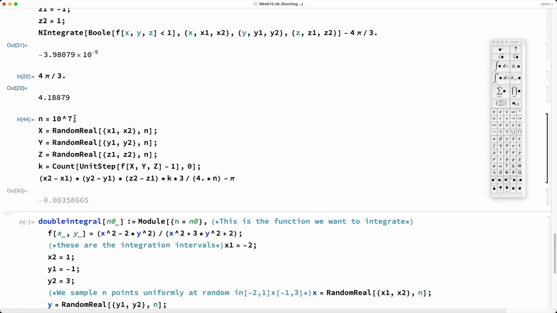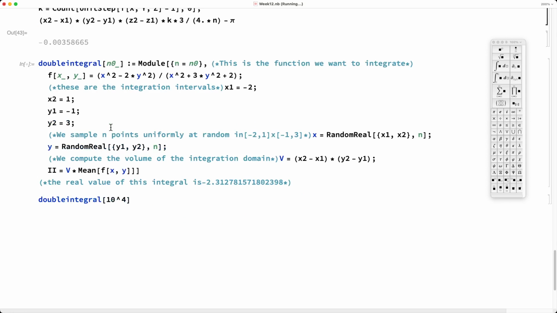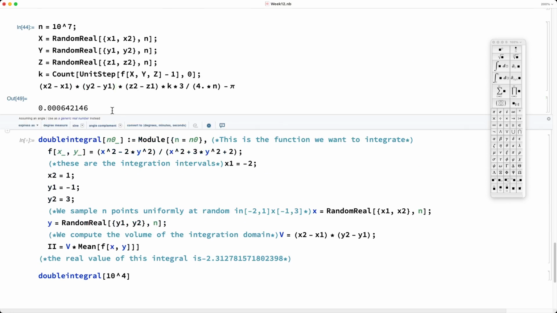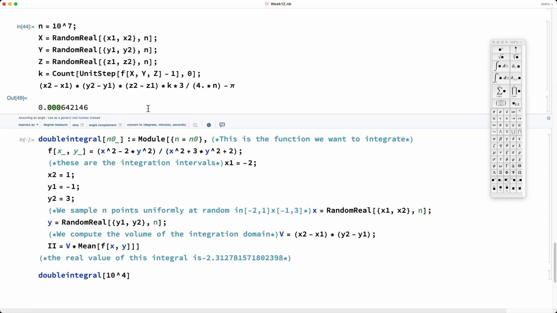And we can try and draw 10 million samples in each direction for higher accuracy. But of course that will take longer to execute. So this is the result. We got 1 more digit of accuracy.